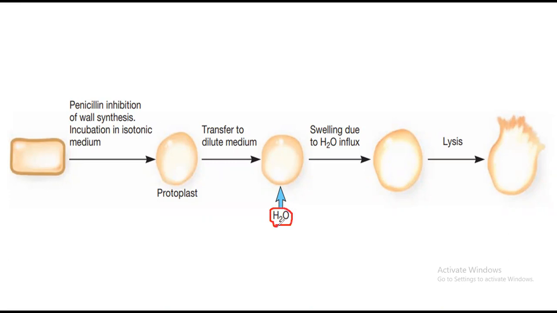We all know that there is water in our cells and even in the media, so because of the loose peptidoglycan layer, the water will directly enter the cell. Just because of the high amount of water, there will be swelling, and the bacteria will burst and die.